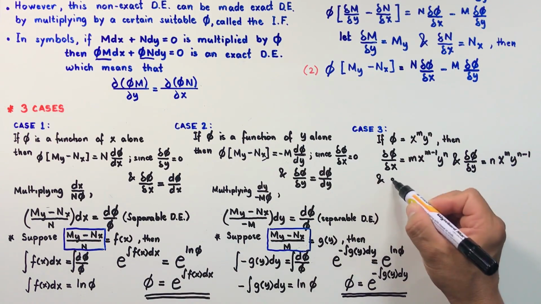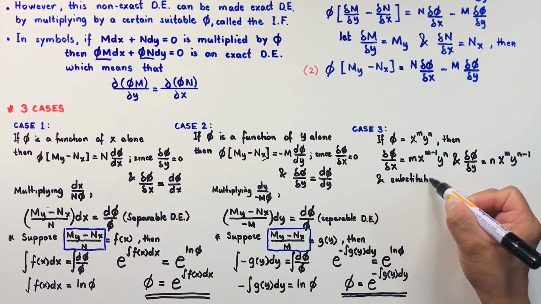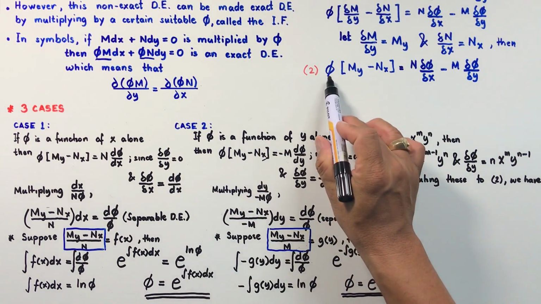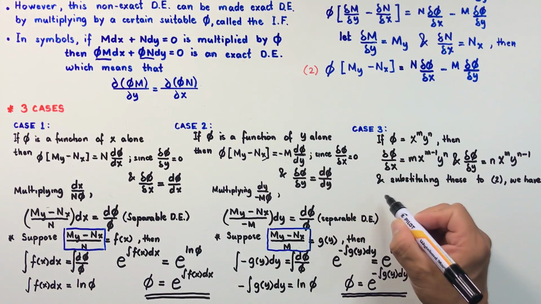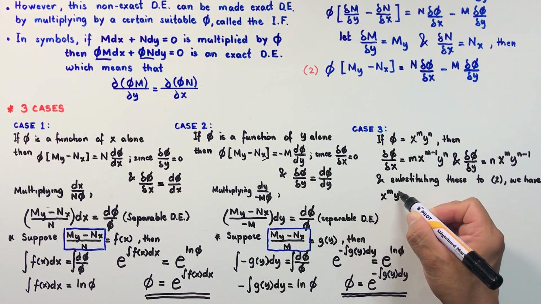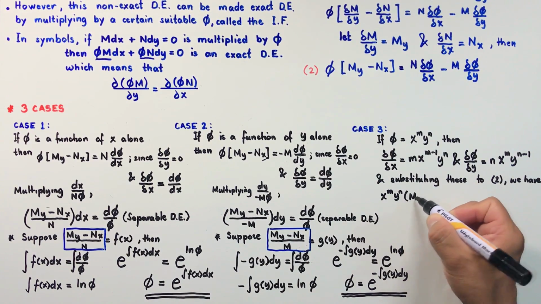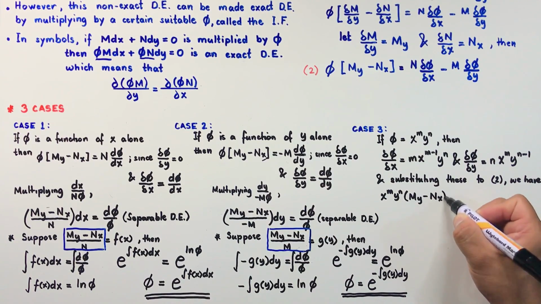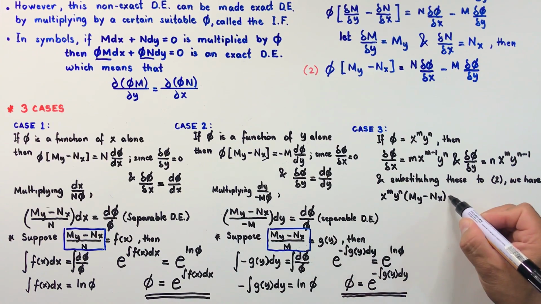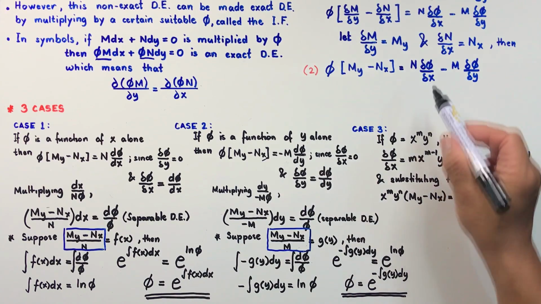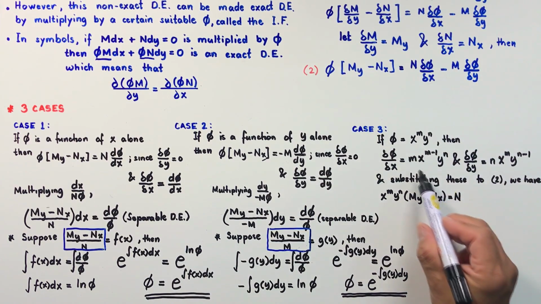And substituting this one to equation 2, we have our phi, which is this one, which is x to the power m and y to the power n, times the partial derivative of M with respect to y minus the partial derivative of N with respect to x, is equal to this N times the partial derivative of phi with respect to x, which is this one here.